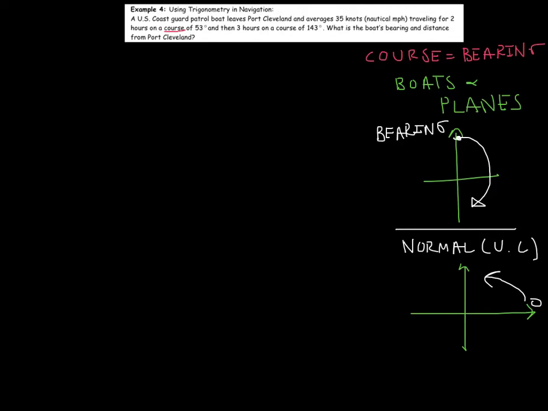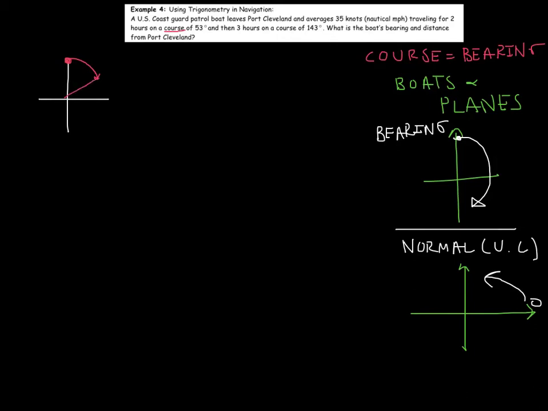It says a U.S. Coast Guard patrol boat leaves Port Cleveland. So we're going to first start with an XY coordinate. And let's say that they leave at a course or a bearing of 53. Now what does that mean? That means you are starting from the north and you are rotating 53 degrees, which is about there.